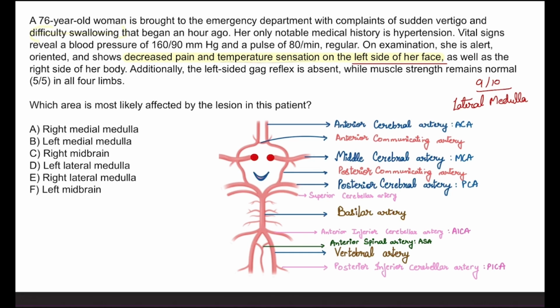And she is having temperature sensation being affected on the left side of her face as well as the right side of her body. Right-sided body sensation is lost, which means spinothalamic tract which crosses over. So the lesion is definitely left lateral. In the left lateral medulla, we can localize the lesion.